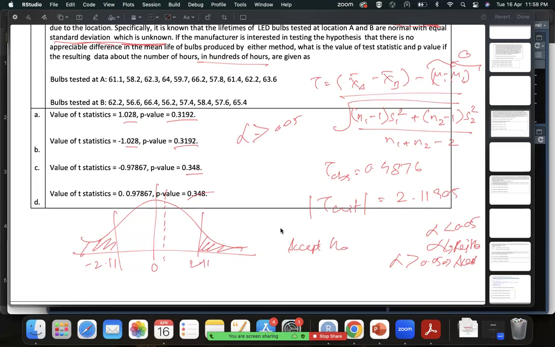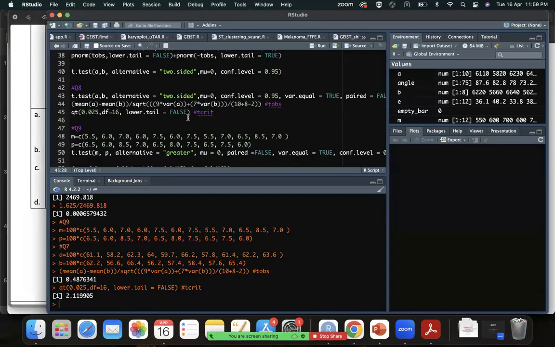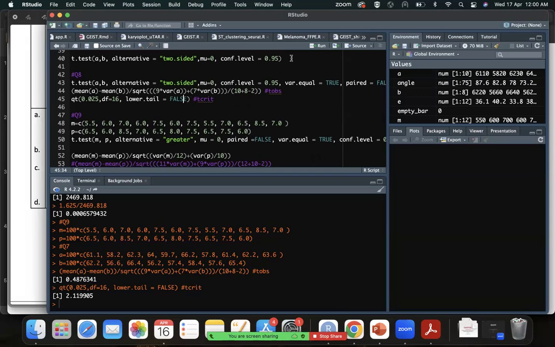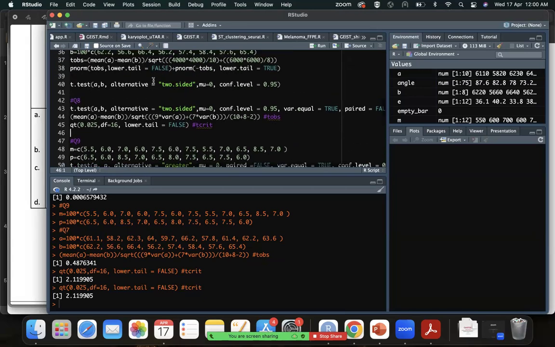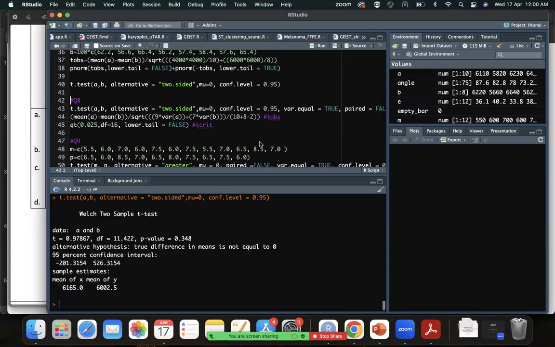If I do this, you can see a T statistic here, 0.97. So this is your T statistic, 0.97.